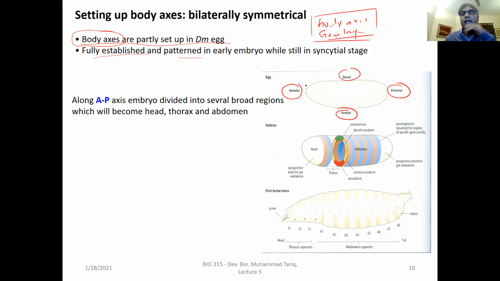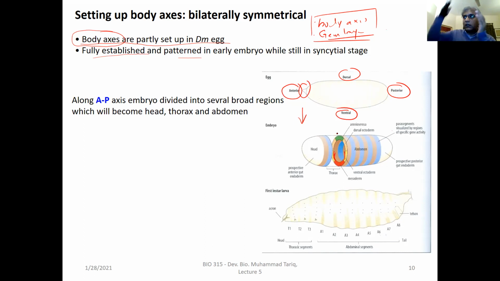On the anterior side, it is defined morphologically by the micropyle end, and the posterior end is more round. And this then, through pattern formation, undergoes changes at cellular blastoderm where we see the ventral endoderm.